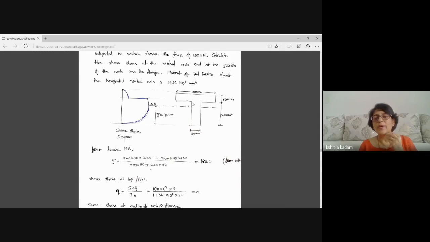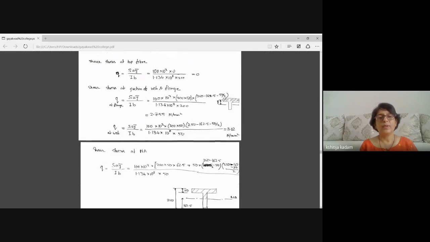At the junction of web and flange, I have to understand properly that the formula is the same. The formula is S A y bar upon IB. But this value of B should be taken how much?